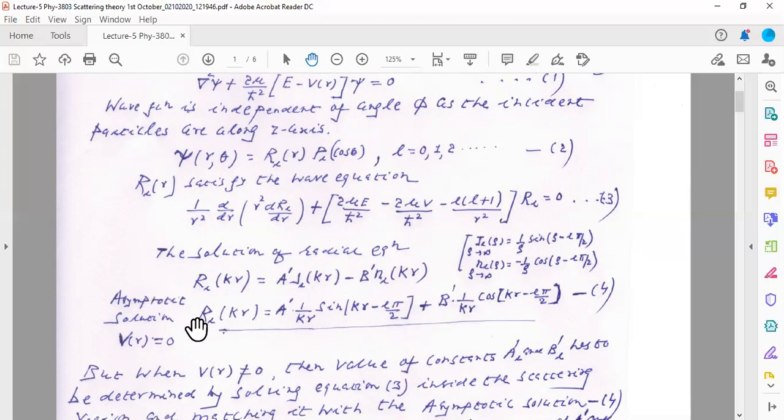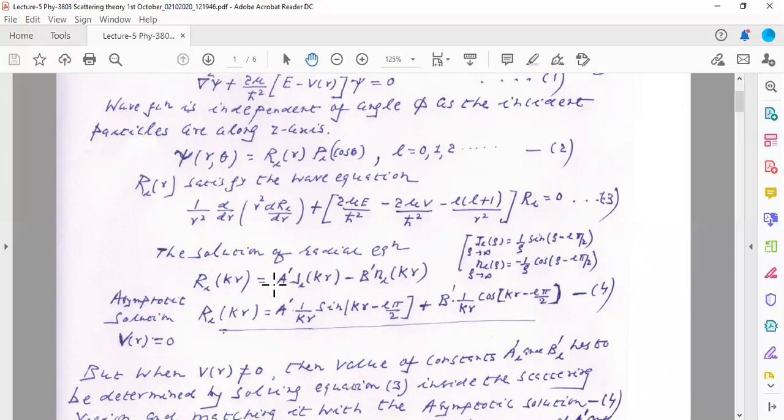Equation number 4 is the solution of the radial wave equation in absence of the potential. But when you want to write down the solution of the radial wave equation in presence of potential, while considering the solution number 4, we have to introduce some new constants.